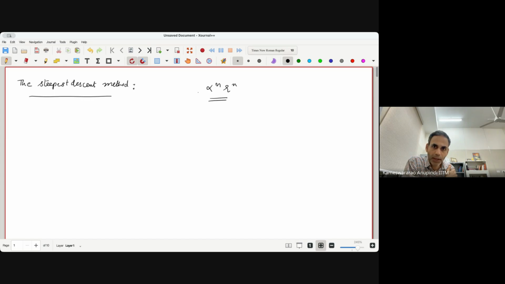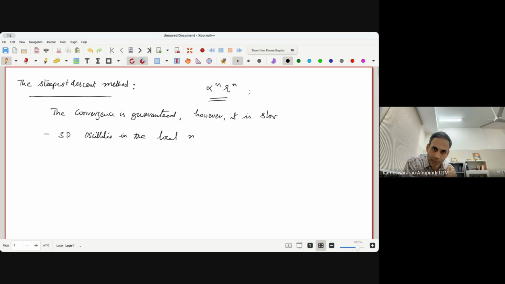And so while in the steepest descent method the convergence is guaranteed, however, it is slow. Okay, we mean slow because what happens is that the steepest descent method actually oscillates in the local neighborhood of the root.